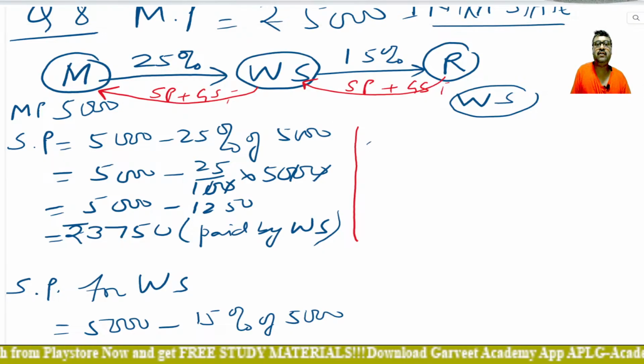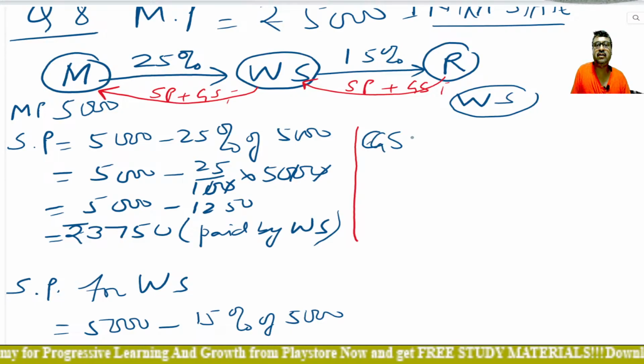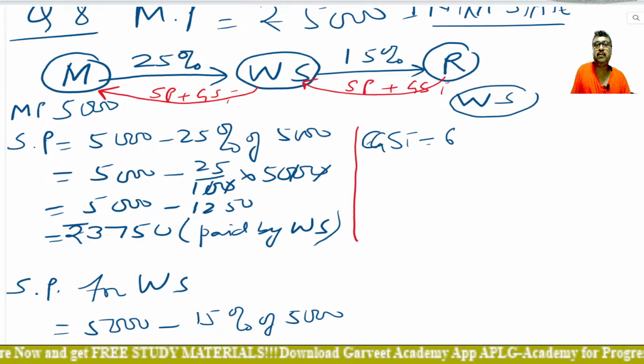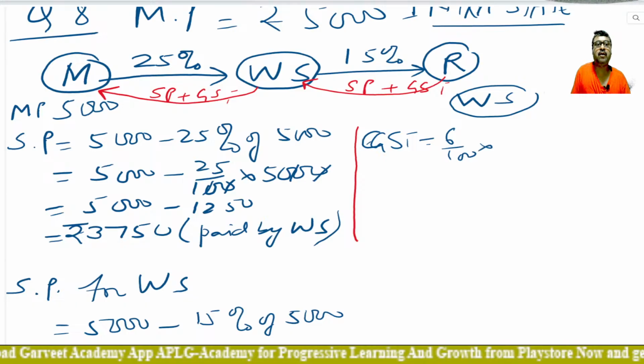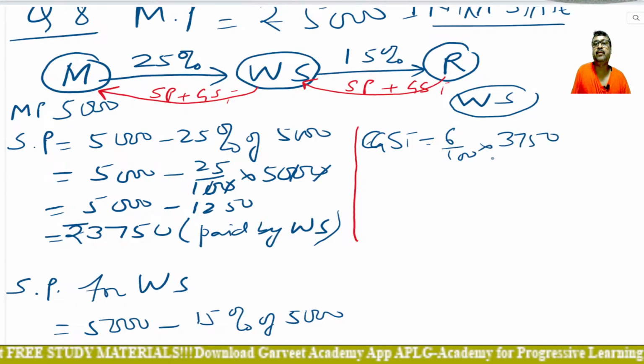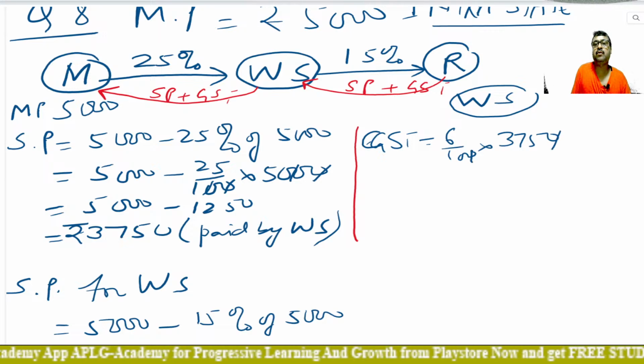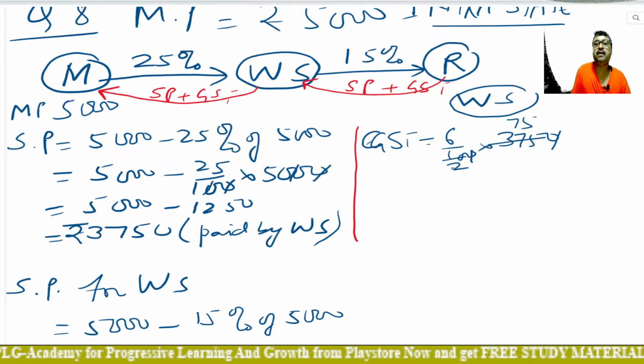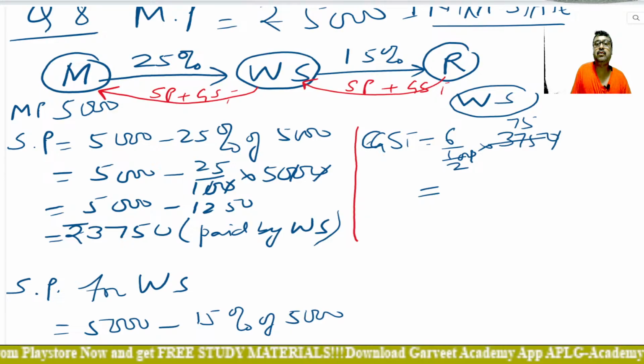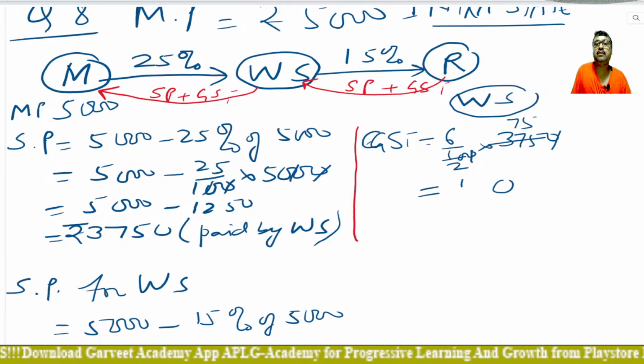So CGST paid by the wholesaler will be 6% of how much? 3,750. So this will come down to 5 2 times, 5 7 times 35, 5. That will be equal to 450.